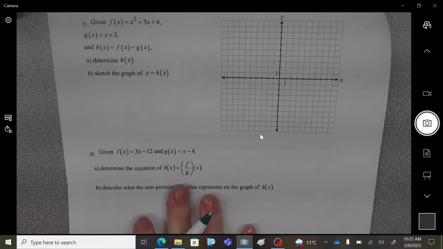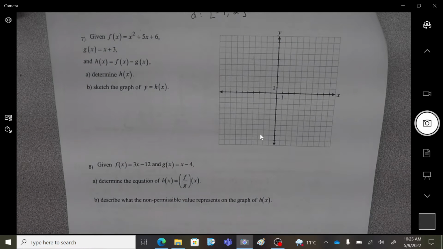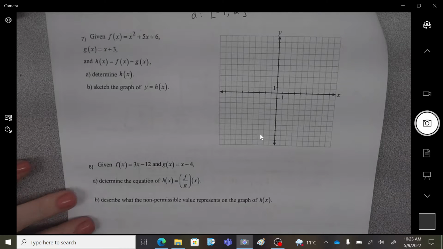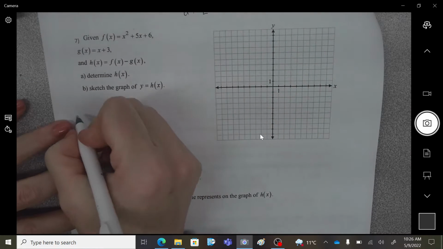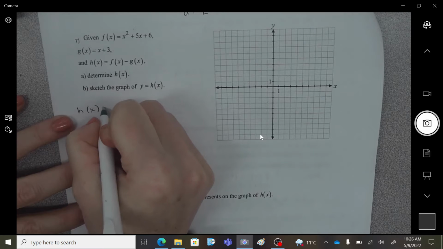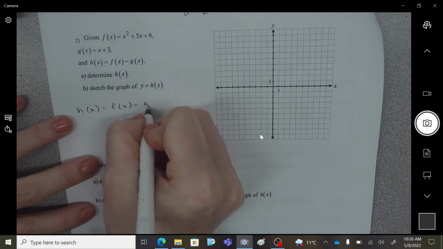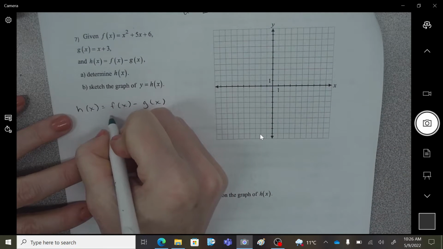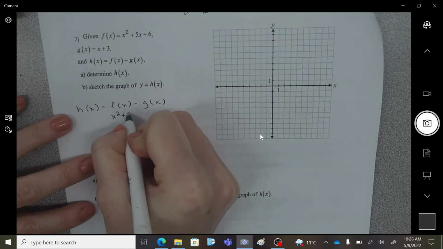Number 7, I was given this function, the f function, and then a g, and h is the subtraction. Determine the h function. Okay, so the h function is the f function minus the g function.